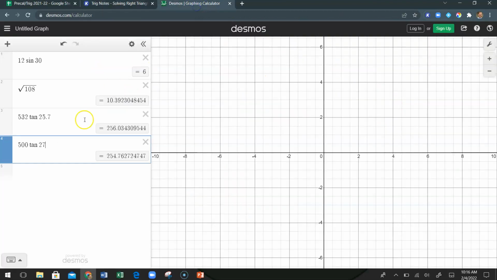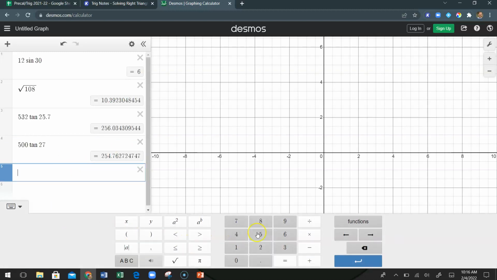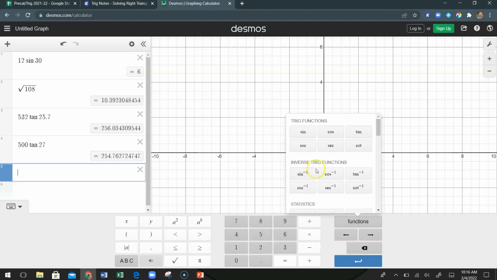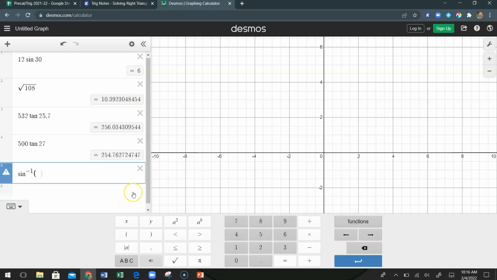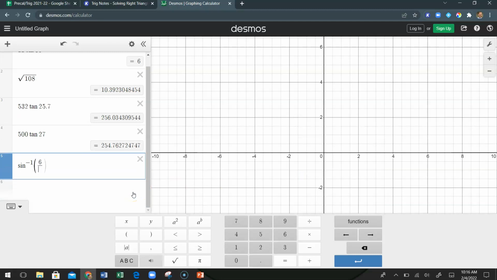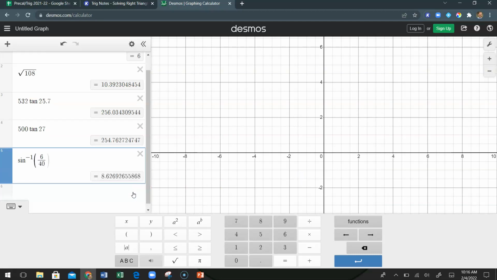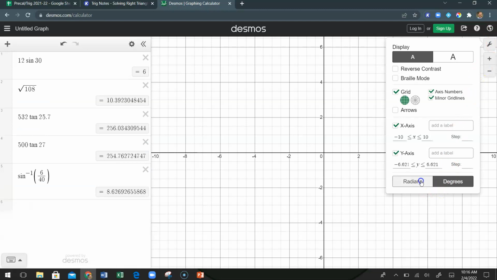Now, be very careful about what mode you're in, because when we do inverse trig, which we're going to find down here under functions, we've got them all right here, inverse trig functions. So I'm going to do inverse sine. This is going to tell me an angle. If I'm in degree mode, this is going to tell me the angle in degrees. If I am in radian mode, it's going to tell me the angle in radians.